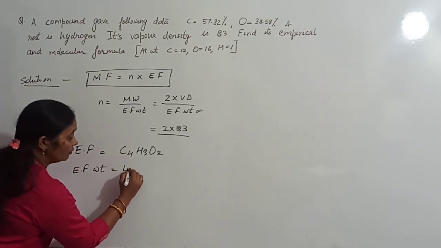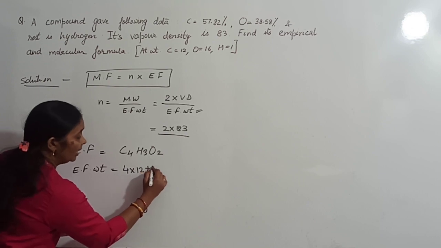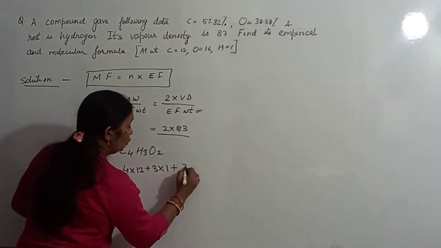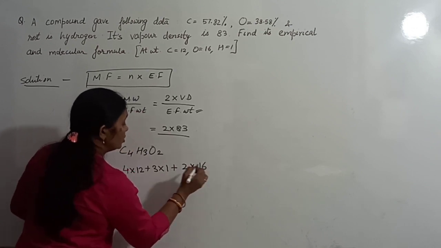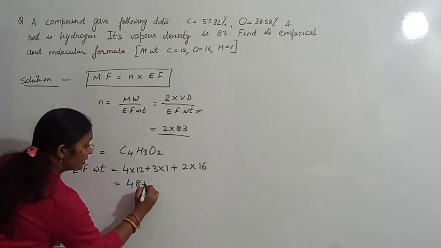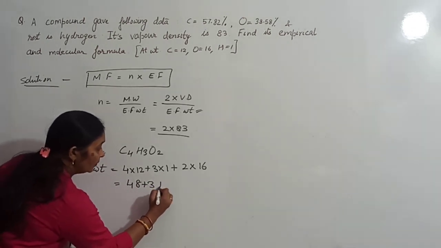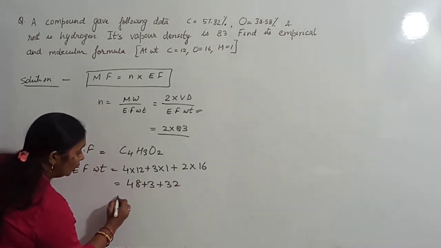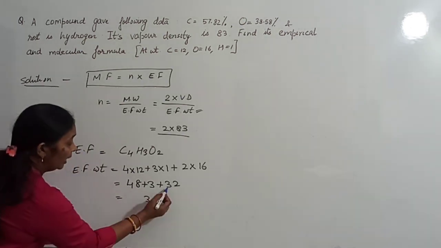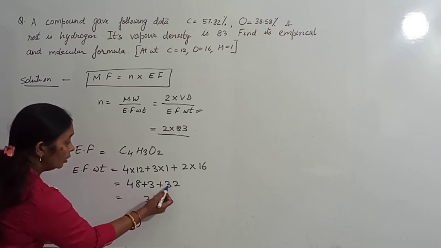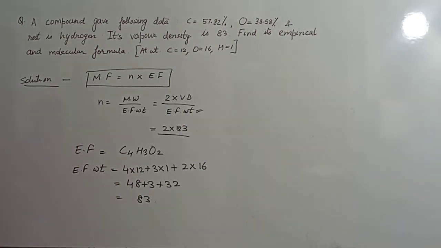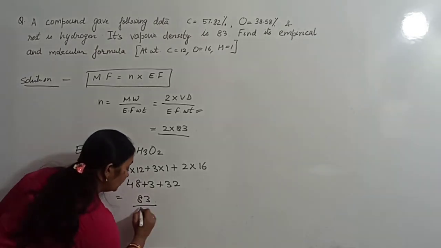So 4 atoms of carbon into 12, plus 3 atoms of hydrogen into 1, plus 2 atoms of oxygen into 16, which is the atomic weight of oxygen. So 12 fours are 48, plus 3 ones are 3, plus 16 twos are 32. It comes as 83. So the empirical formula weight also comes as 83.